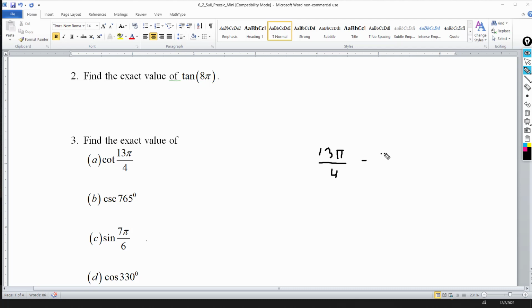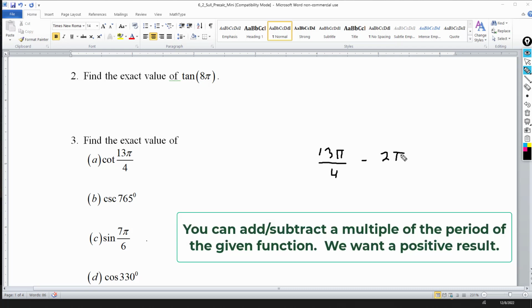Instead let's subtract the period, which for cotangent is pi. We want it to stay negative here. So this is 1 here, so we make this a 4 to have a common denominator.